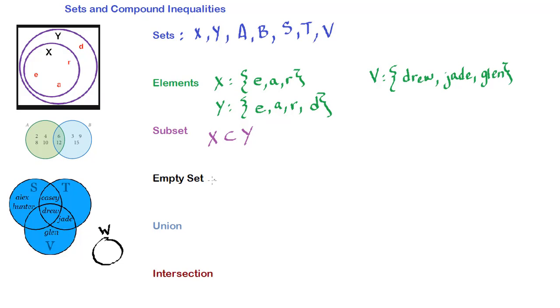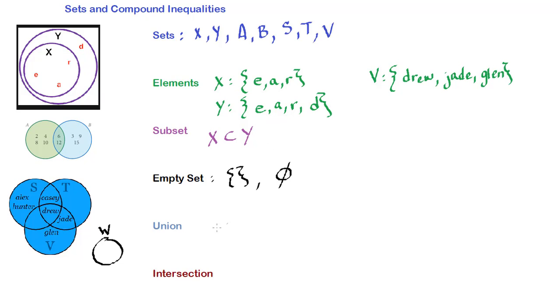The empty set is represented sometimes like curly brackets with nothing inside. It also can be represented with a zero with a slash through it, meaning that there's nothing on the inside. So the empty set is actually contained in every single set. You can see there's empty space in all sets. So that empty set, or the nothing element, is in every single set.